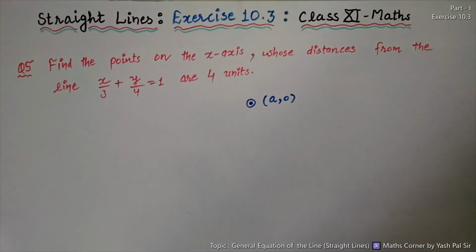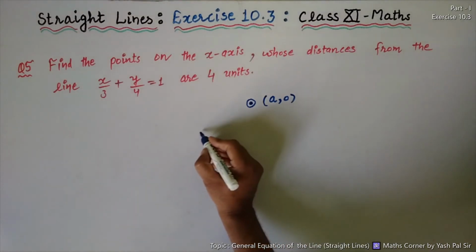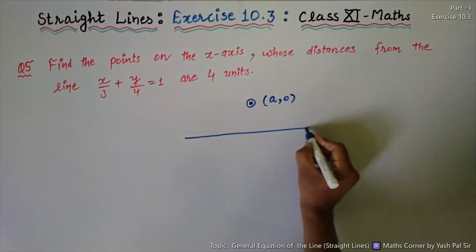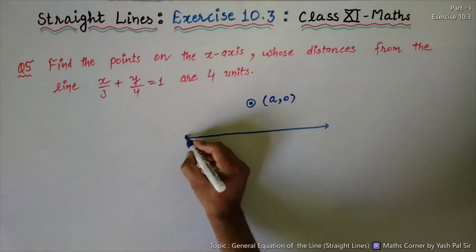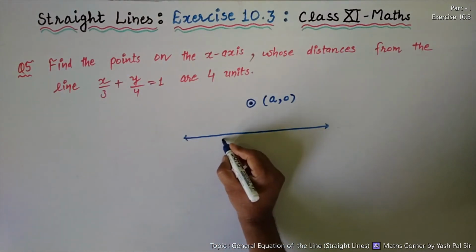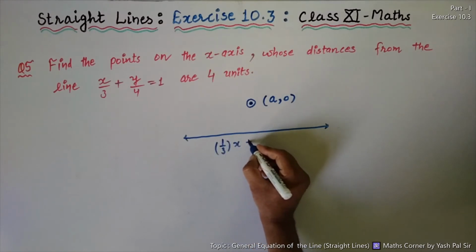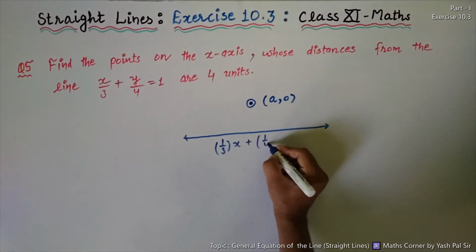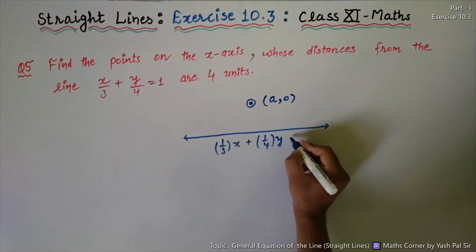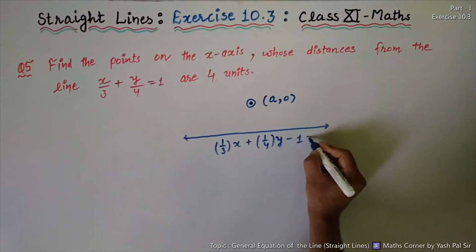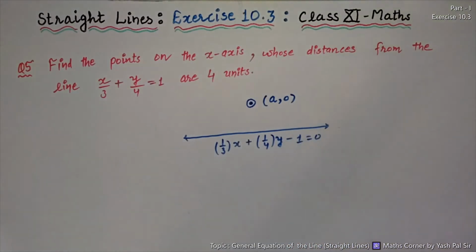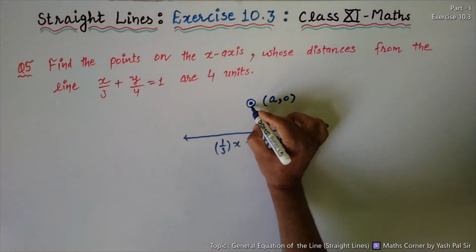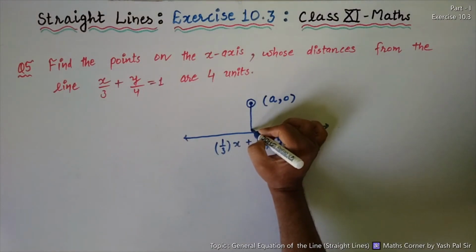So we can write like this, a comma 0 is any point on the x-axis. And what is the line? We can write the equation of the line this way: 1 upon 3 into x plus 1 upon 4 into y minus 1 is equal to 0, right?